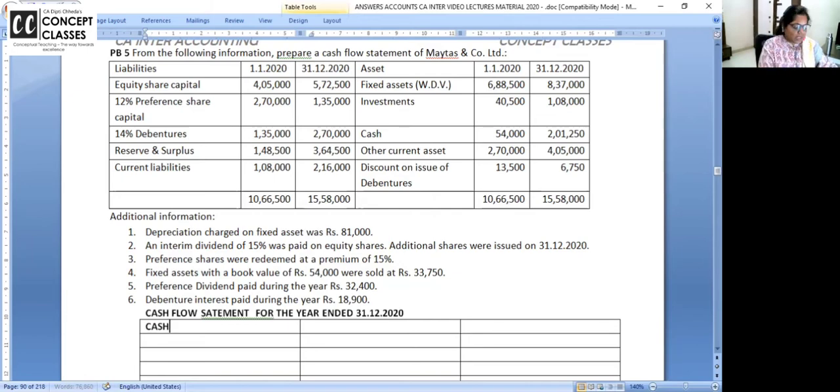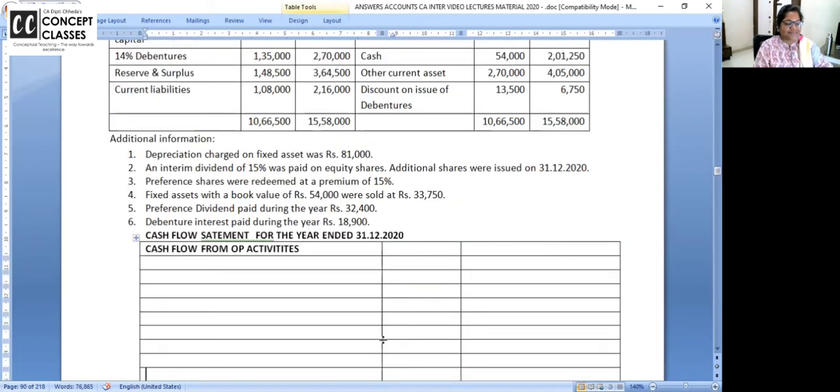Start from cash flow from operating activities. If you've finished drawing that line, then just go on writing the format as I'm writing. I'm going slow, and this problem is simple, so that you have the grip on the concept. This problem, pay attention to the presentation. Then see how I'm interpreting, and then we will come to a speed where you can do it full-fledged.